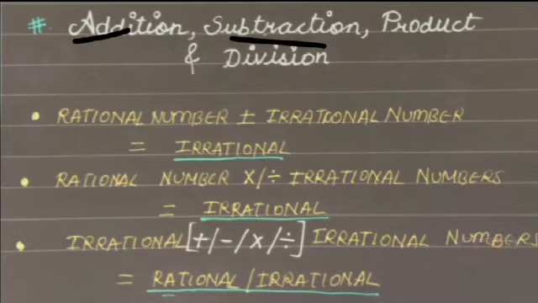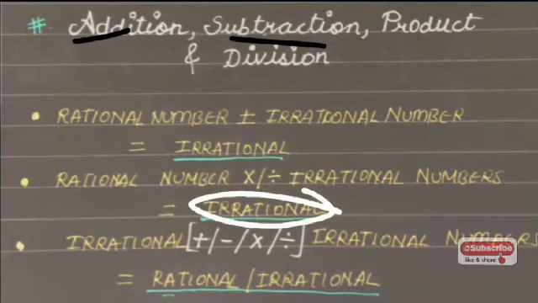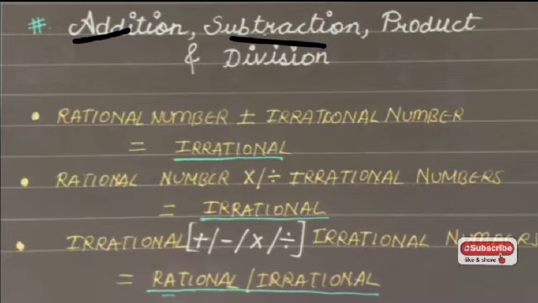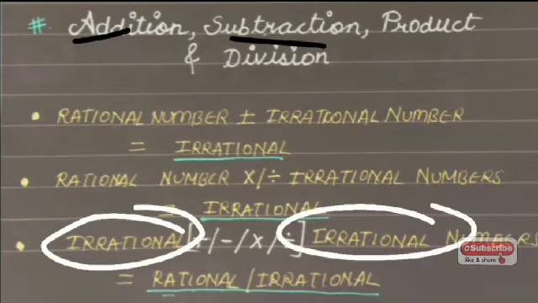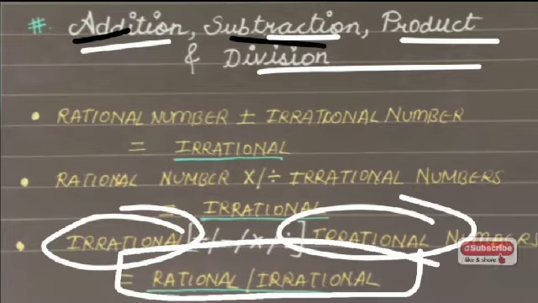Similarly, when a rational number is multiplied or divided by an irrational number, the answer is again always irrational. But if we take irrational and irrational, then for any of the operations, addition, subtraction, product or division, the answer could be rational or irrational. It is not fixed; it can be either.